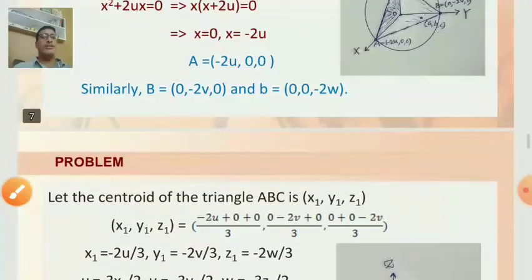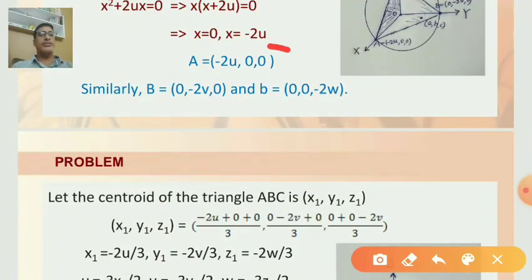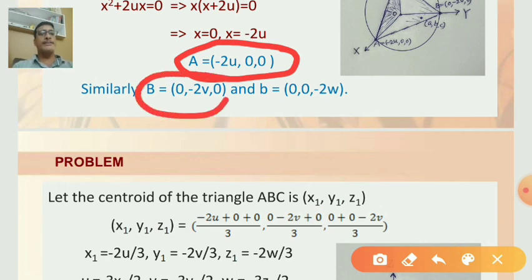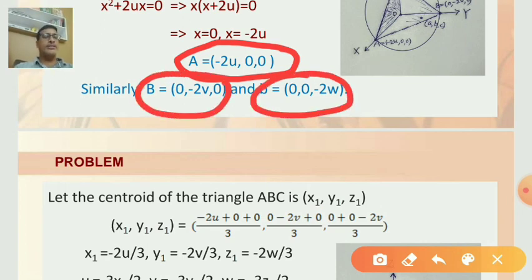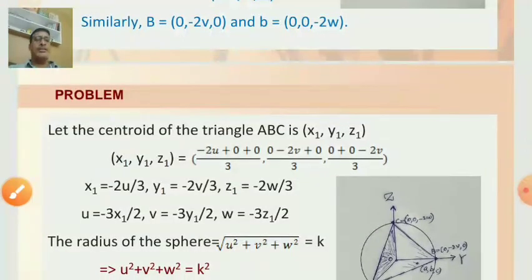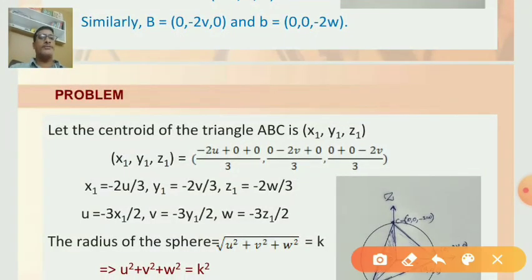We have obtained the coordinates of points A, B, C. Suppose the centroid of the triangle is (x1, y1, z1).